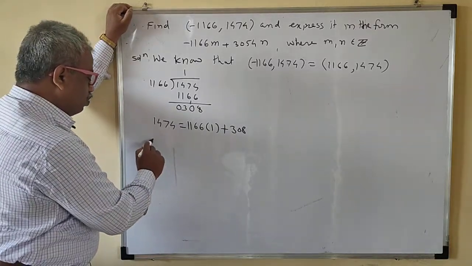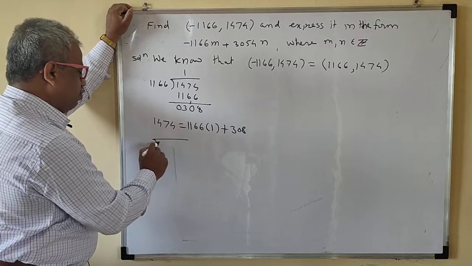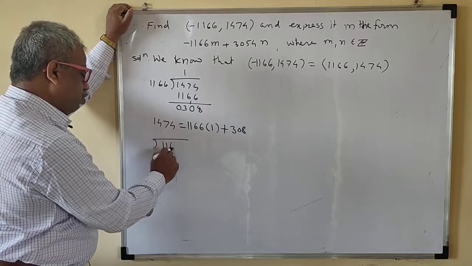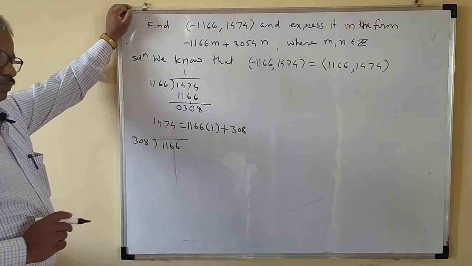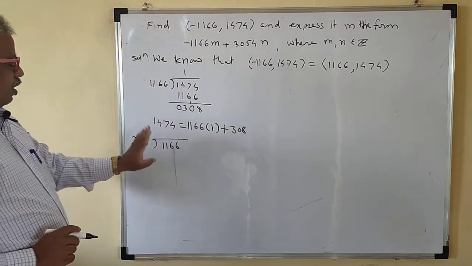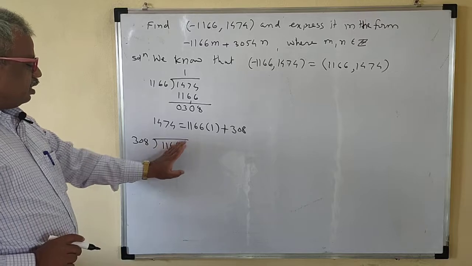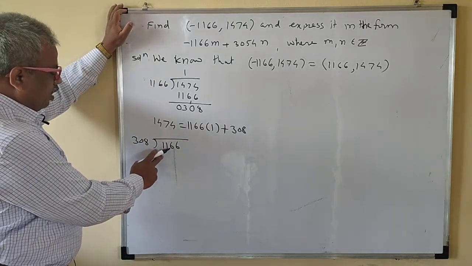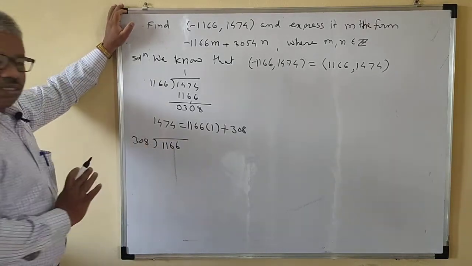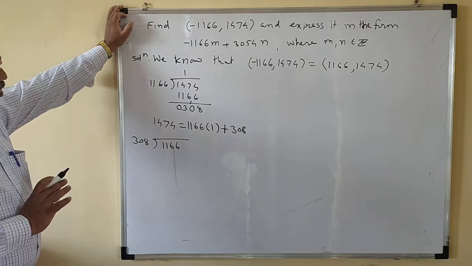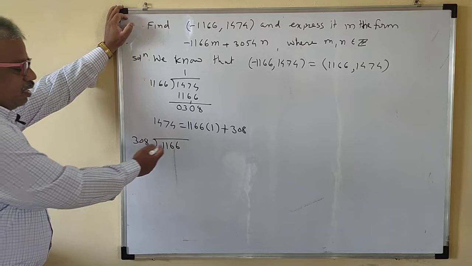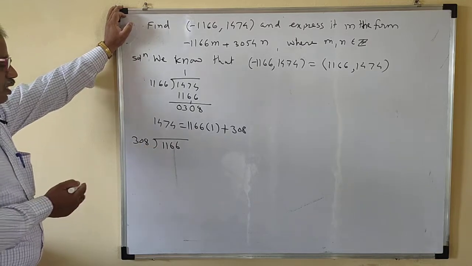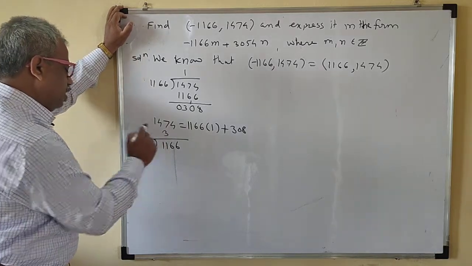Now what we'll do? We'll divide 1166 by 308. If you hide the last digit, then this is 116 and this is 30. If you take the 4, then this is 120. So 120 is greater than 116, so that means you have to take the 3 now here.